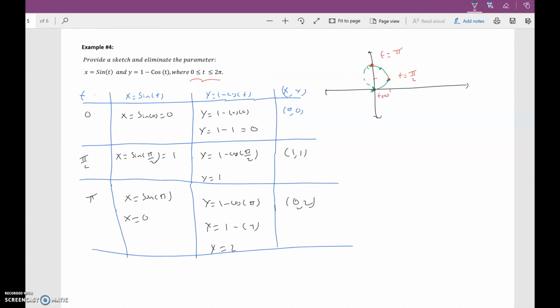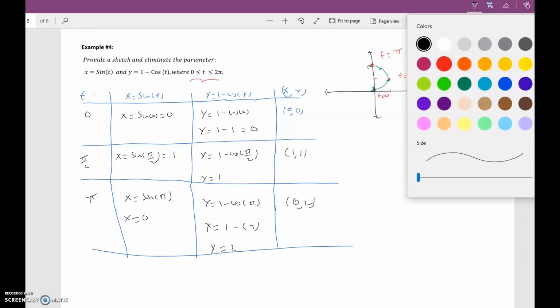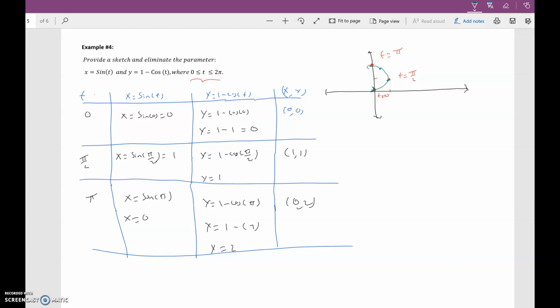Not the best circle ever. But if we were using technology, you would see that this one is going to close.